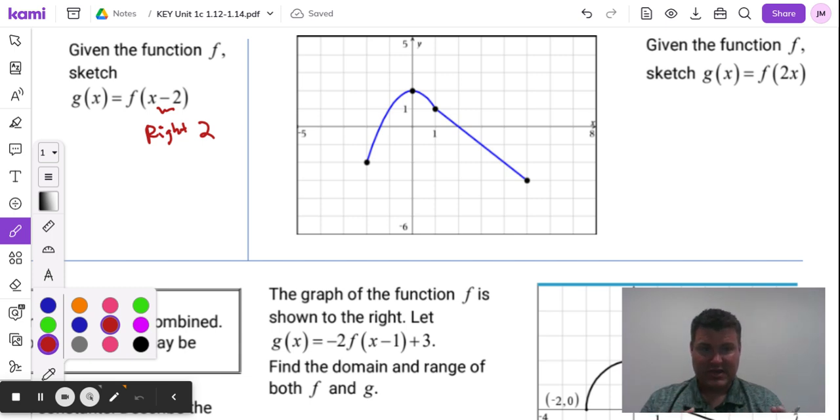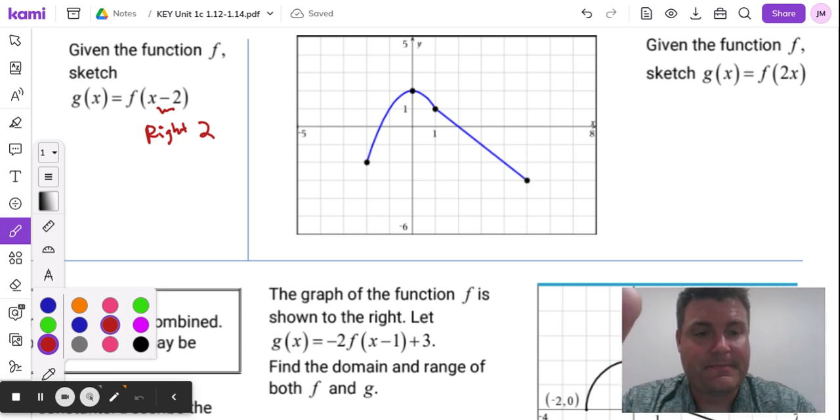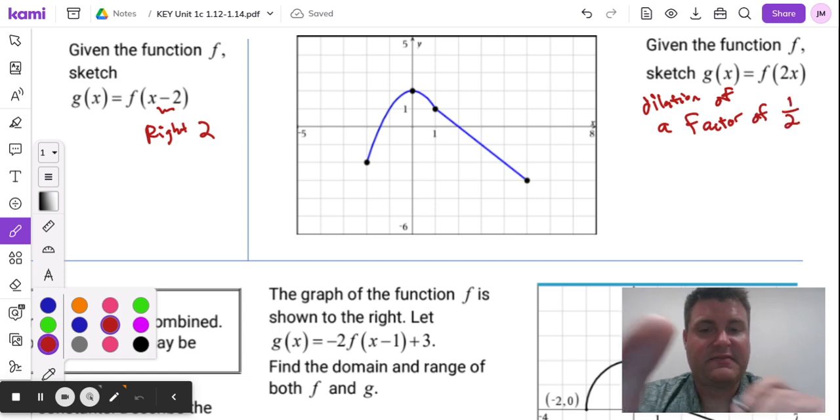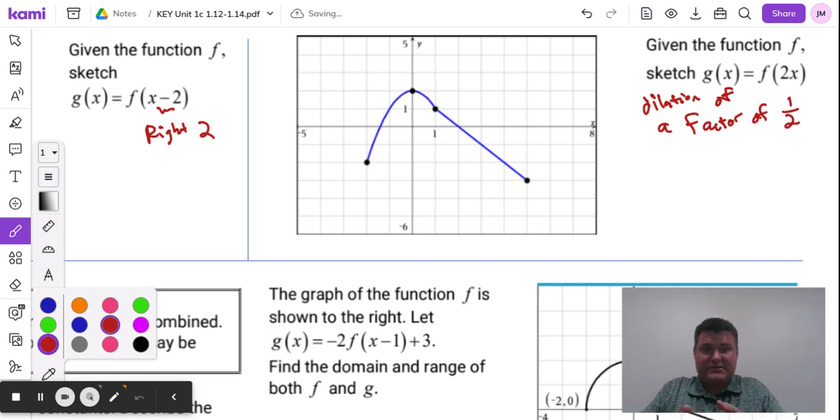This one right here, we're going to compress. Okay, you can think of it as compression, because this is going to be a dilation of a factor of 1/2. So take all of our x values and multiply them by 1/2. So since this x value on the far left is a -2, it becomes a -1.